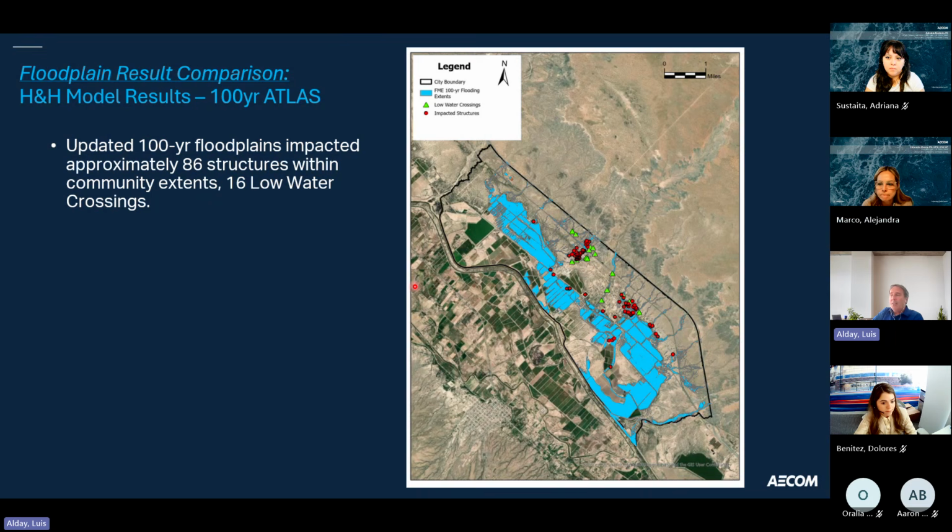Having big channels would be huge, because this area is so flat that for water to move in this area, you would need a huge channel. So we're thinking about maybe having detention or levee protection.